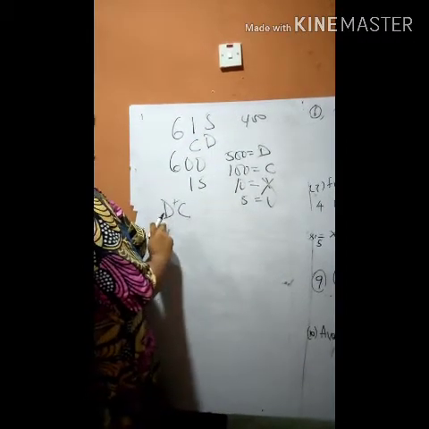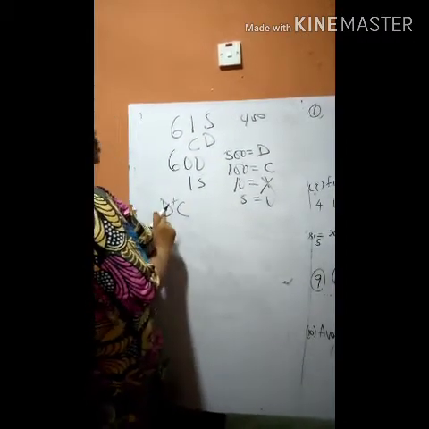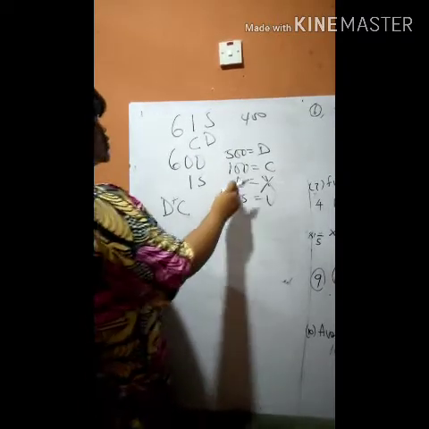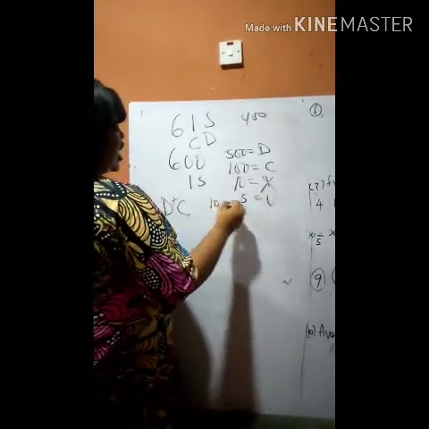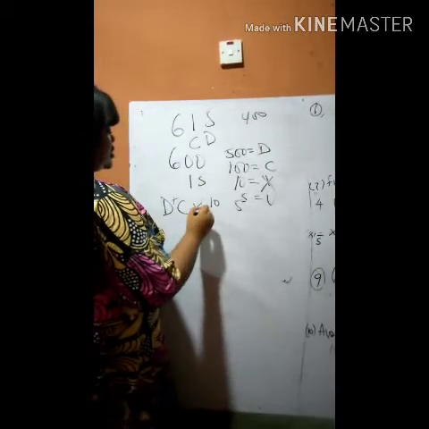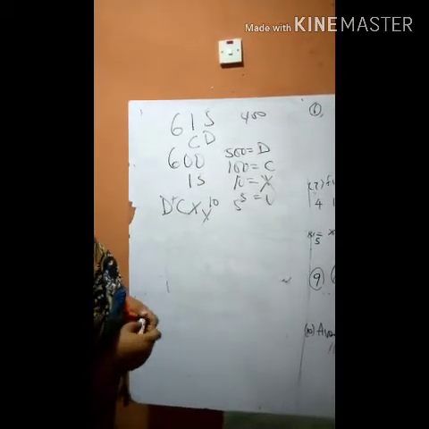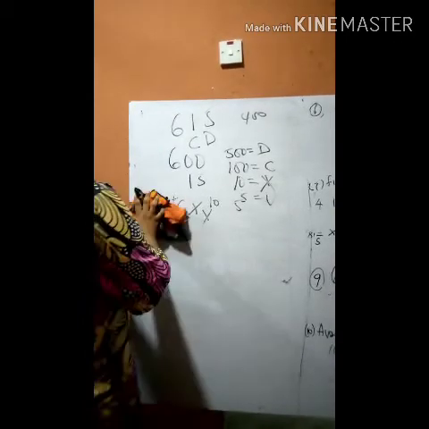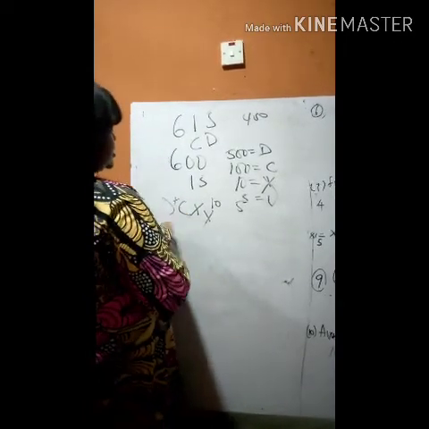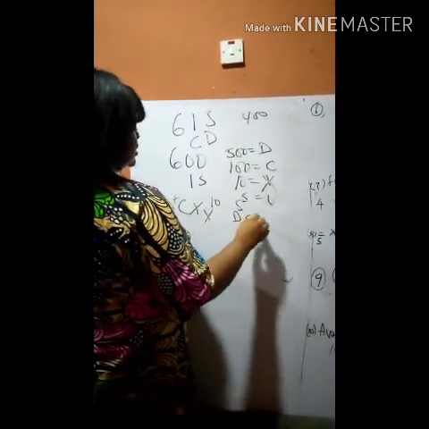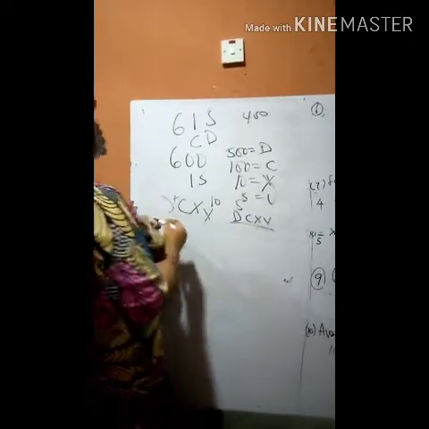But this one is 500 plus 100, so it comes to the front. So that is DC. Then 15 is made up of 10 and 5. 10 is X, 5 is V. I have a video on Roman figure 1 to 100. It is loading. So our final answer is D, C, X, V. 615.